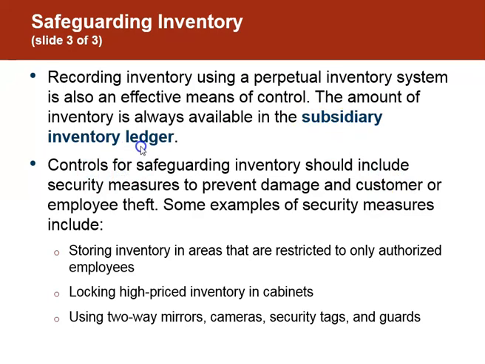So if we think about it, what is a subsidiary inventory ledger? Well, it is a ledger for each individual product that we carry. When I had the music store, in one music store we would have about 30,000 pieces total. At any one time I would have about 800 to 1,000 different titles that were brand new.